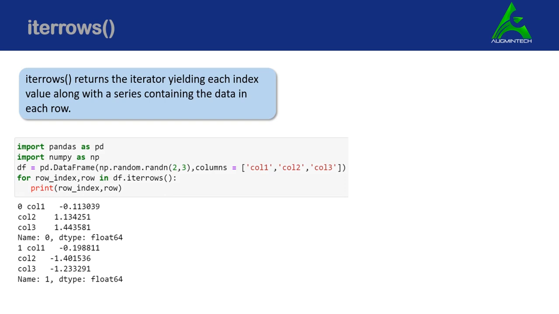So when we say we are iterating over one row, it means it will iterate over all the available columns as well. So this is iterating over row 0. You can see name 0, row 1, name 1, and it's iterating over all the columns in row 1, that is column 1, column 2, column 3, and iterating over all the columns in row 0 as well as row 1, column 1, column 2, column 3. So this is how you can iterate over rows using iter rows method.